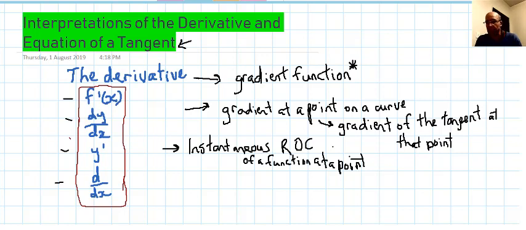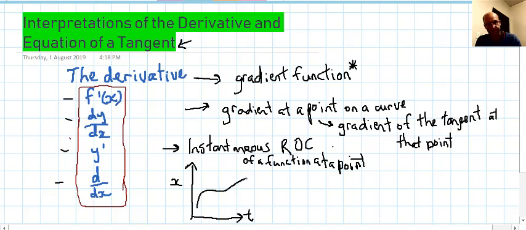For example, if we had a distance time graph, and we've seen some of those in our work, so let's say we've got displacement there, and we've got time there, and we've got some sort of function. Basically, the derivative would be the velocity at all those given points.